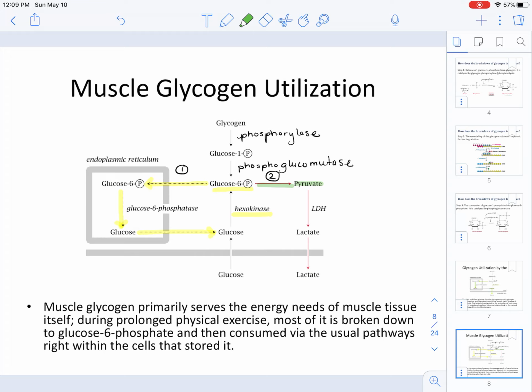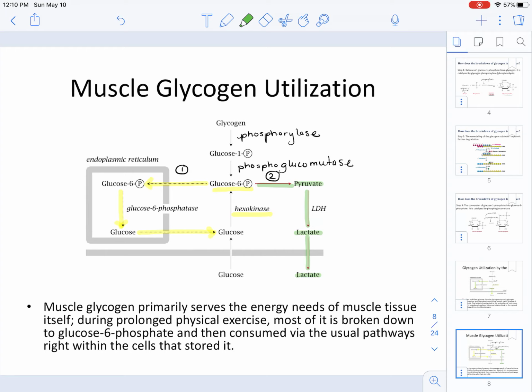Remember, in the case that we do not have oxygen, that pyruvate can be converted into lactate. And we're going to see how that lactate that is produced in the muscle can be released from the muscle and be converted back into glucose through other pathways.